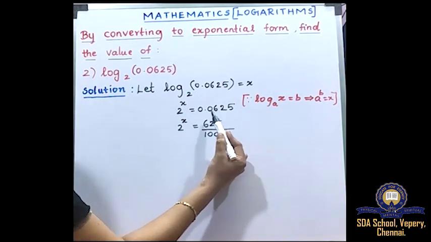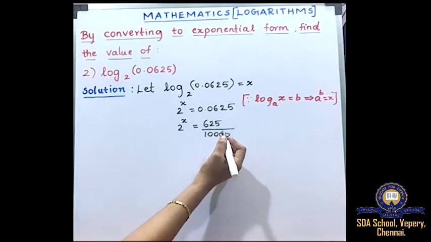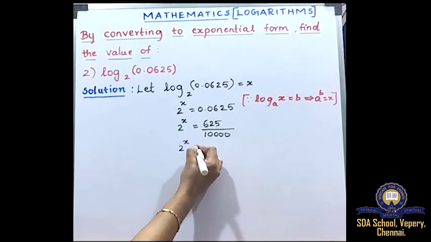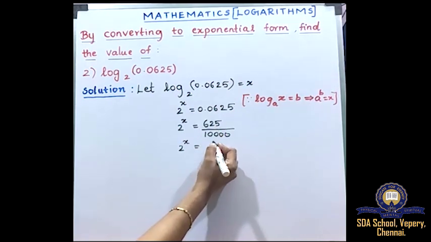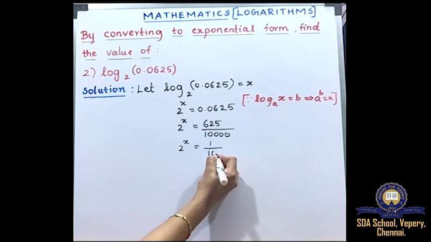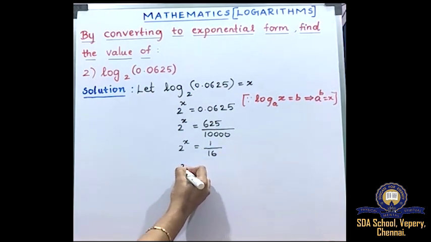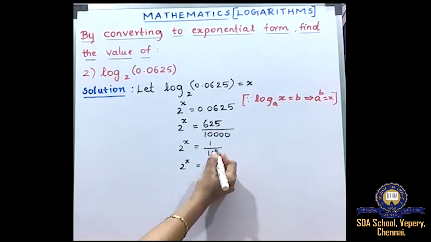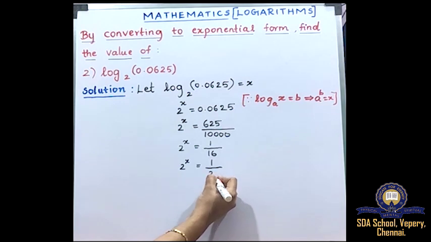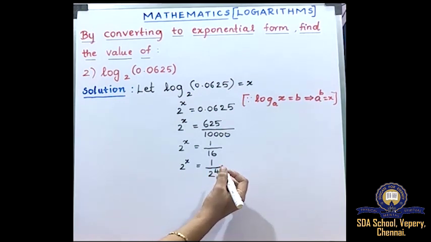So we have to convert this decimal form to fractional form. Now again write 2 power x as such. If you cancel this in the 5 times table, you will get 1 by 16. So now this 16 can be written as 1 by 2 power 4, since 2 into 2 into 2 into 2 is 16.